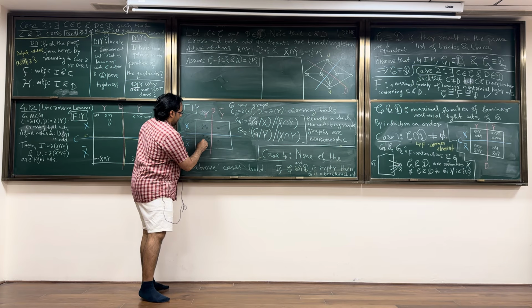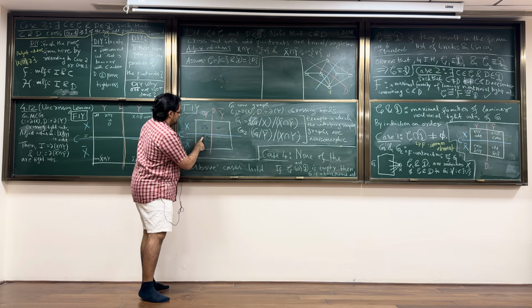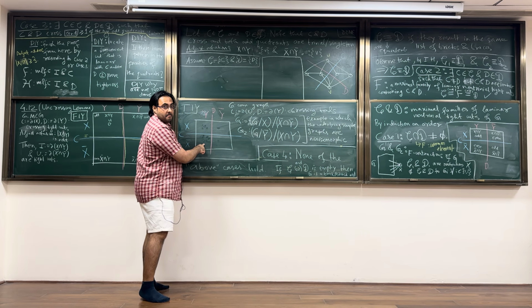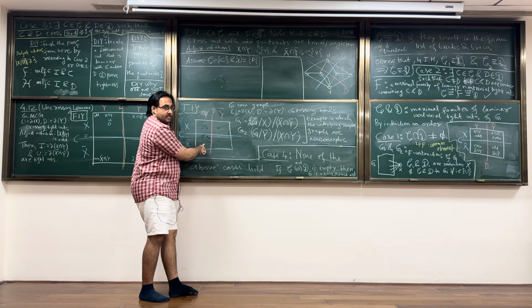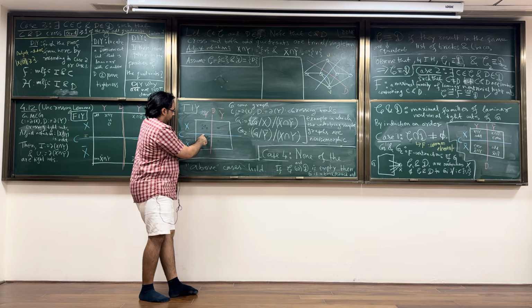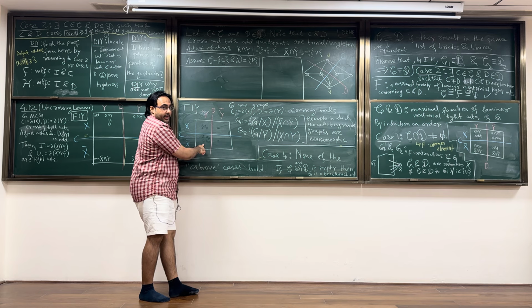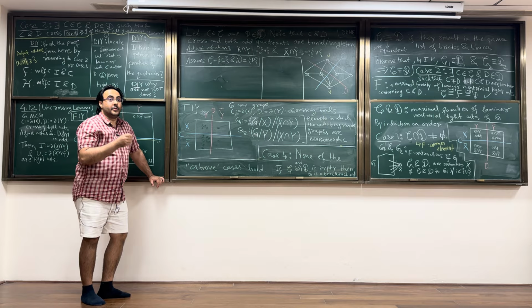From x bar intersection y, from this quadrant, there should be an edge going to which quadrant? Which one?